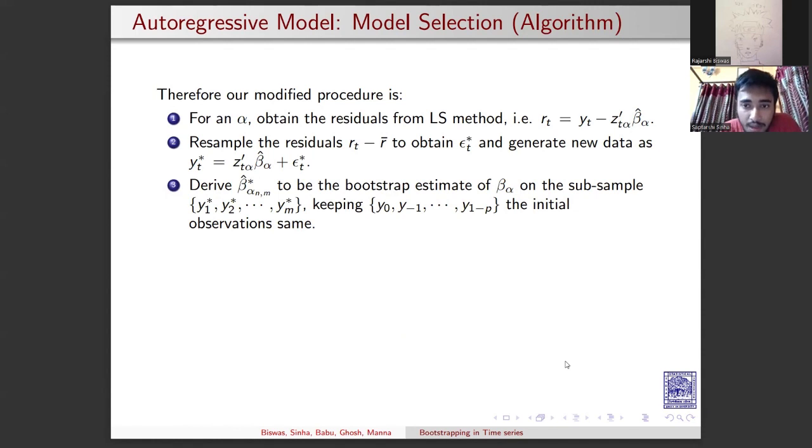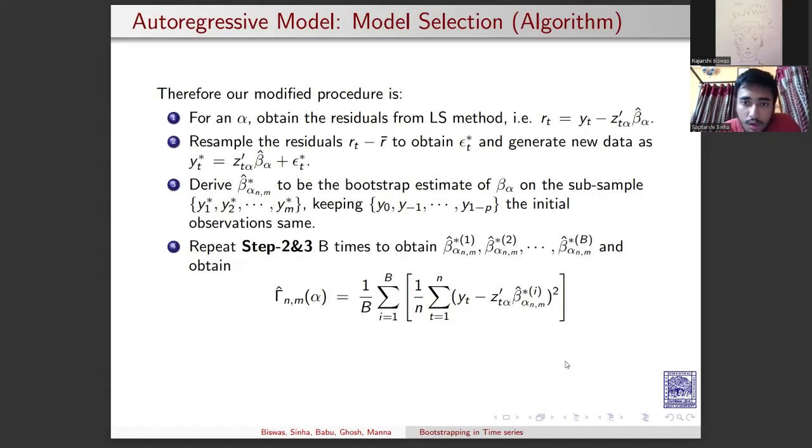We take m many of the y_t stars and assume that that is our entire data, keeping the initial observations intact. And then we derive the LS estimate of that data, which is denoted by beta hat star alpha.